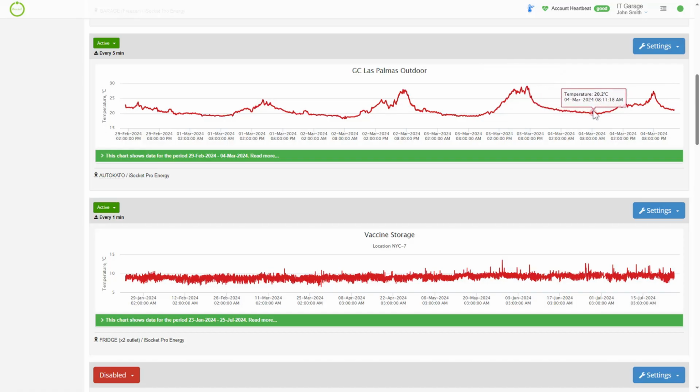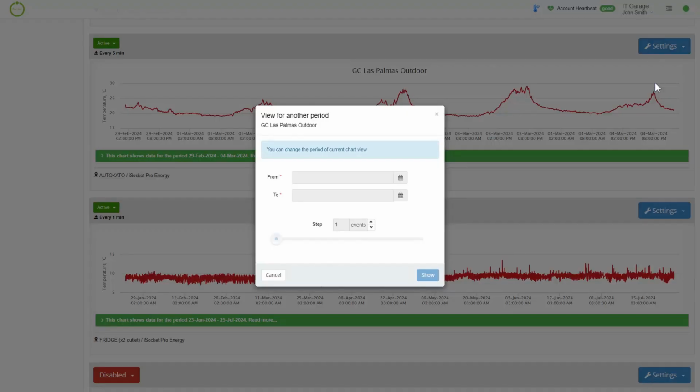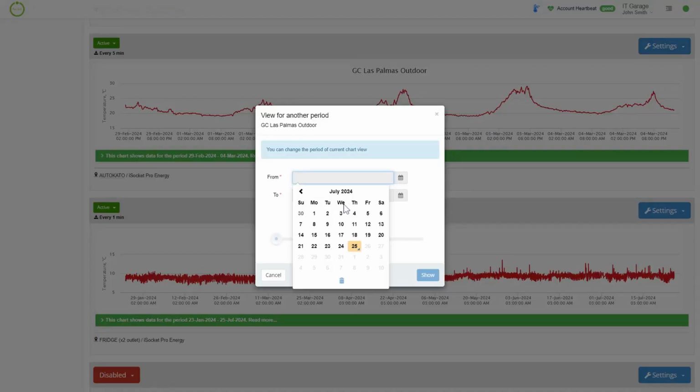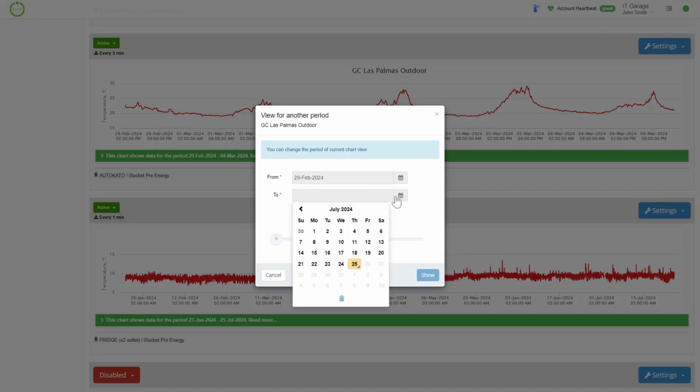In the night you can see the drops. Actually, it's inconvenient that the period was lost here, but I wanted to see a longer period of time. I don't remember how long it was, but let's try.